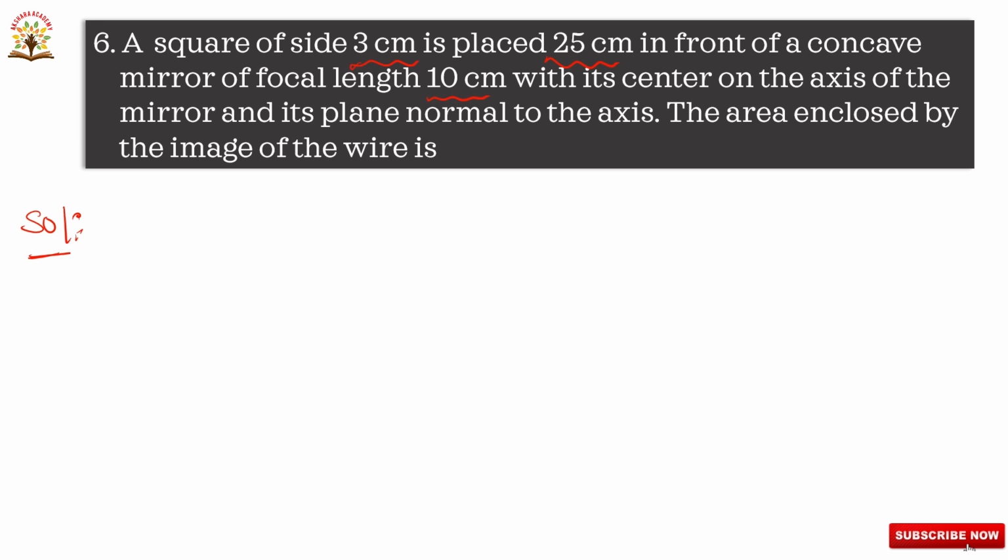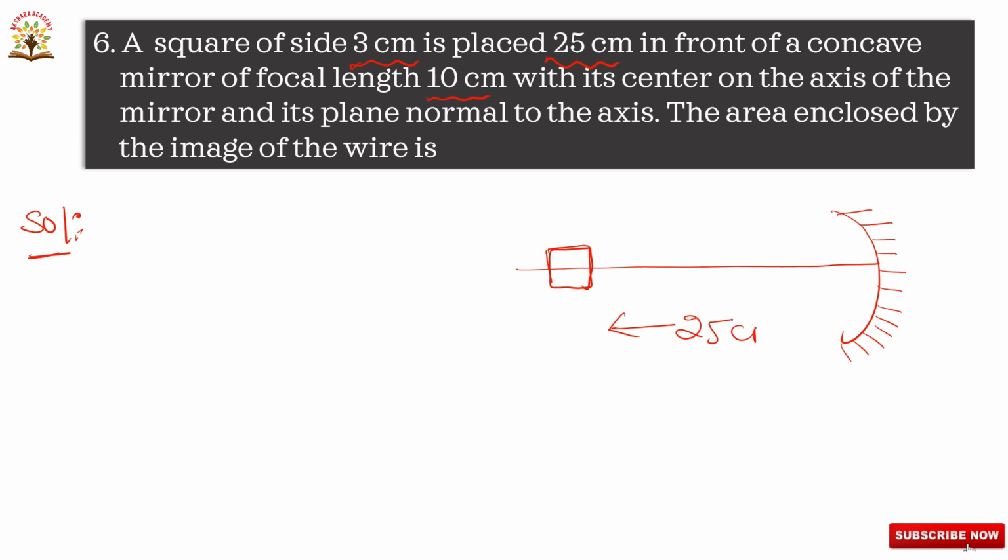Here we are taking a square and this square has side 3 centimeters. We are placing the square on this principal axis, and here we are taking this concave mirror, which is placed at a distance of 25 centimeters.